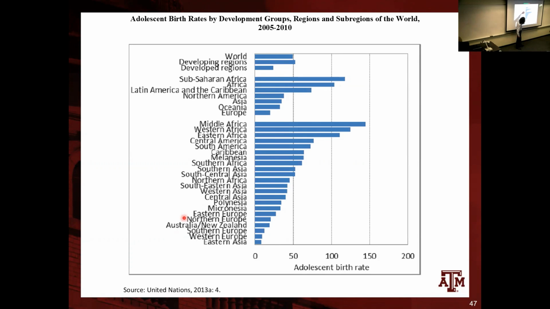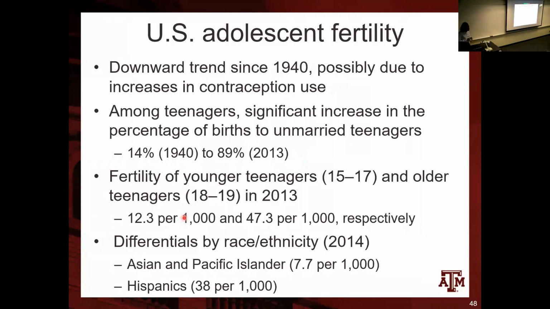And also more variation within the continents: Middle, Western, and Eastern Africa vary between them, as do Central and South America, the Caribbean, and Southern Africa. A lot of variation in terms of adolescent fertility, and the lowest usually in countries located in Europe, okay?